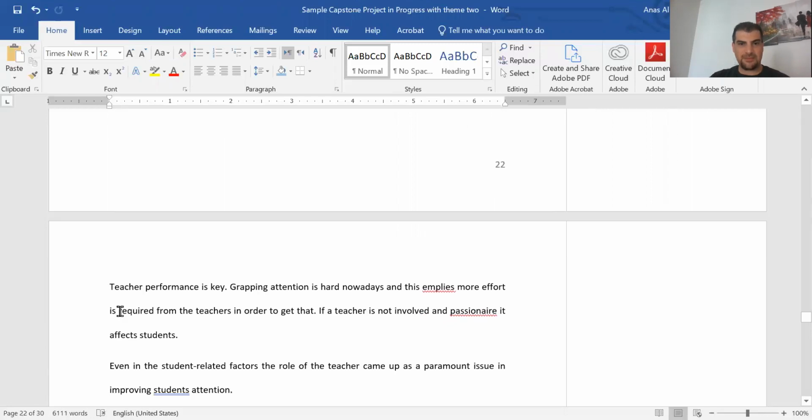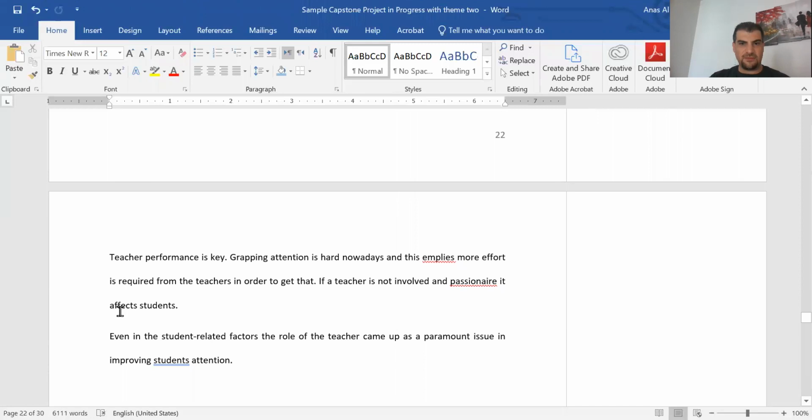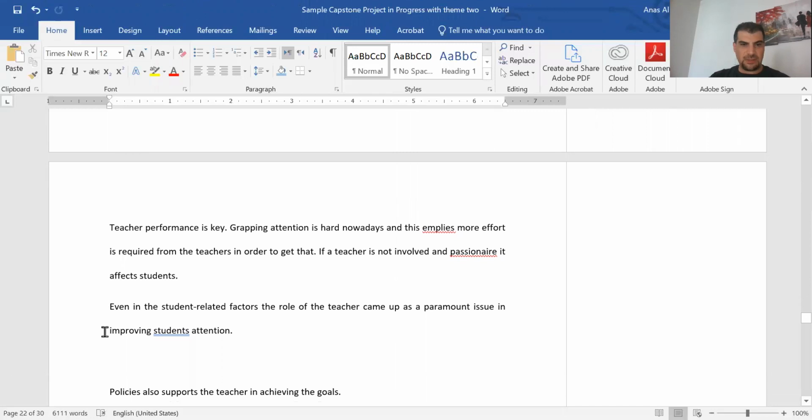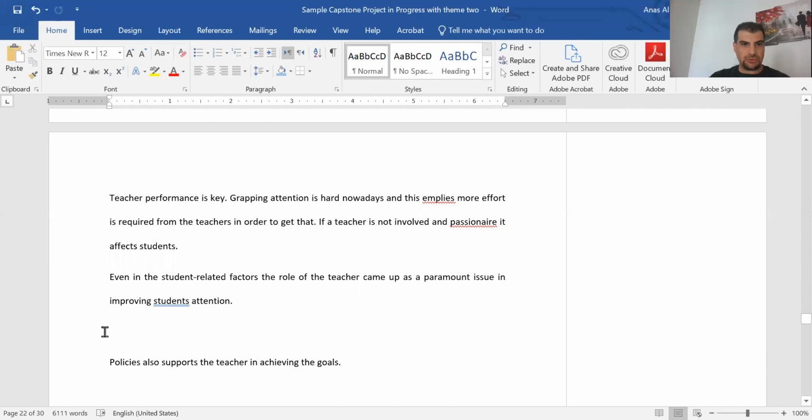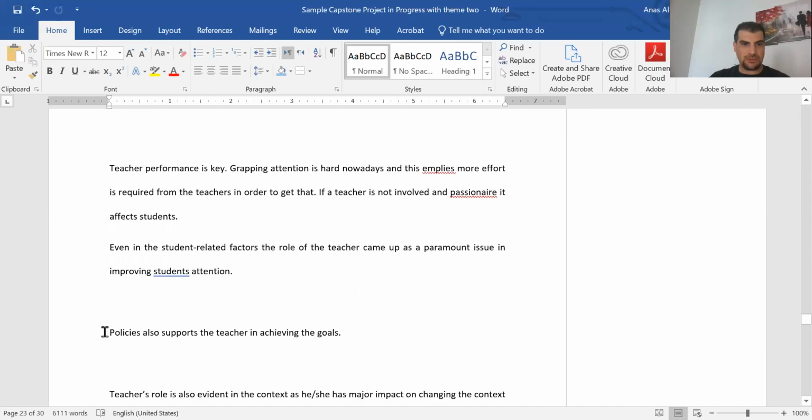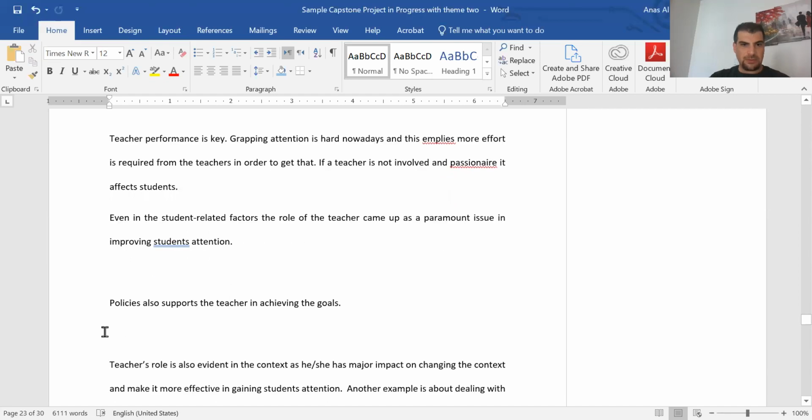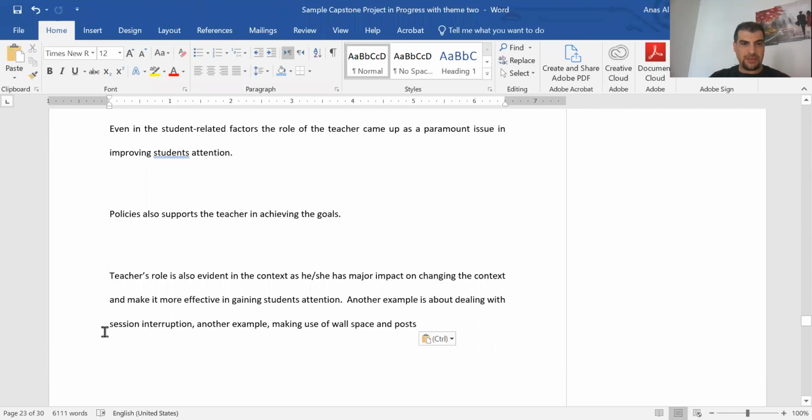If a teacher is not involved and passionate, it affects students. Even among the student-related factors, the role of the teacher comes up as a paramount issue in improving student attention. Policies also support the teachers in achieving the goals. The teacher's role is also evident in the context and so on.